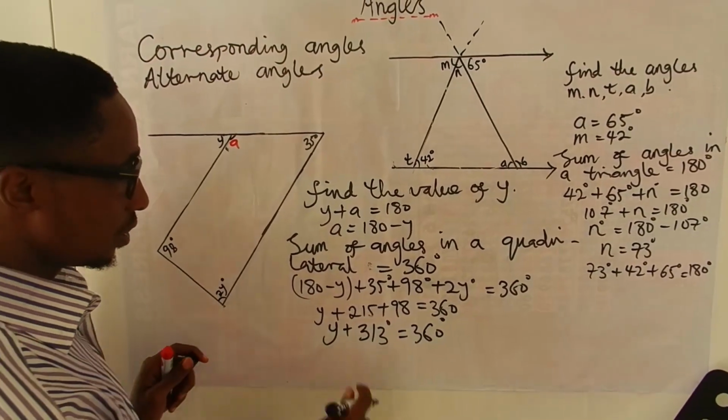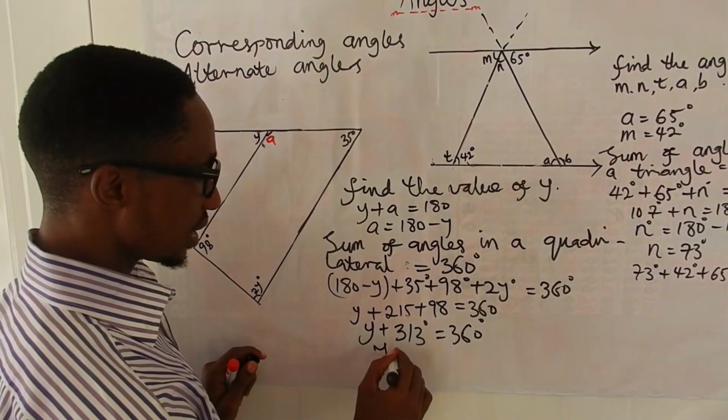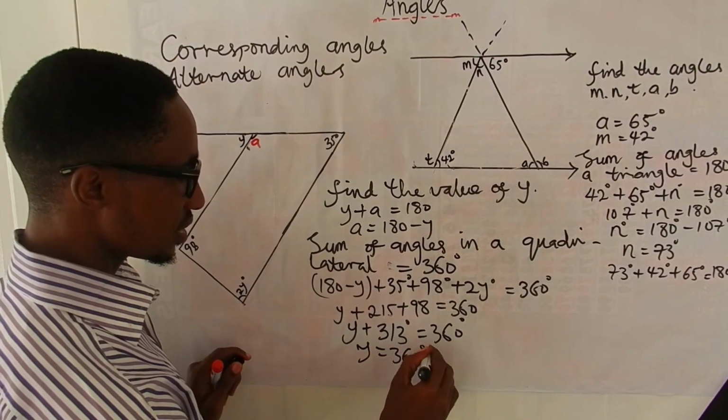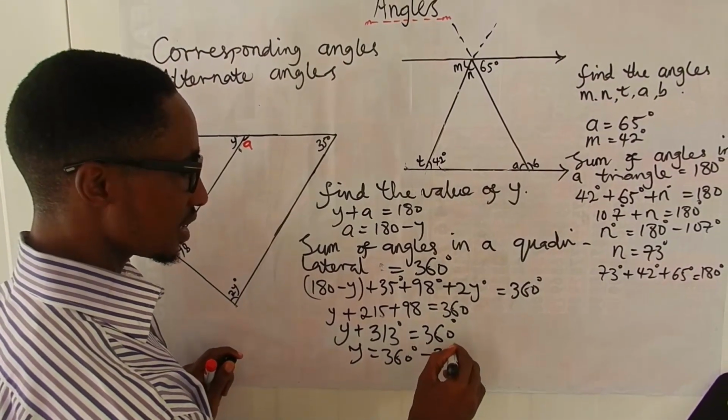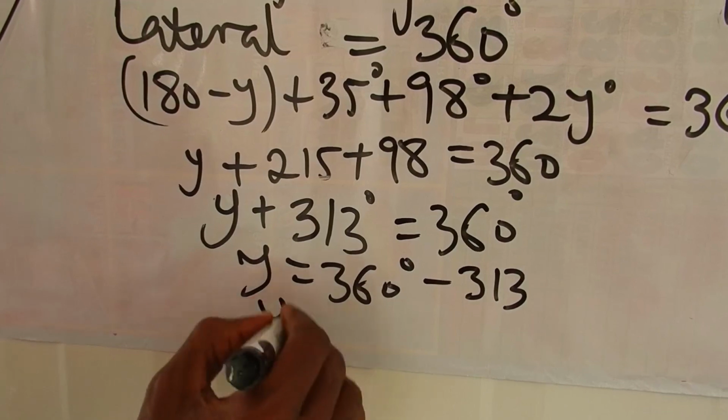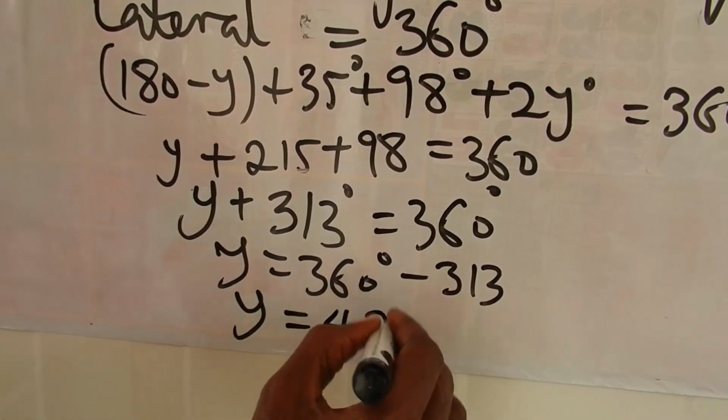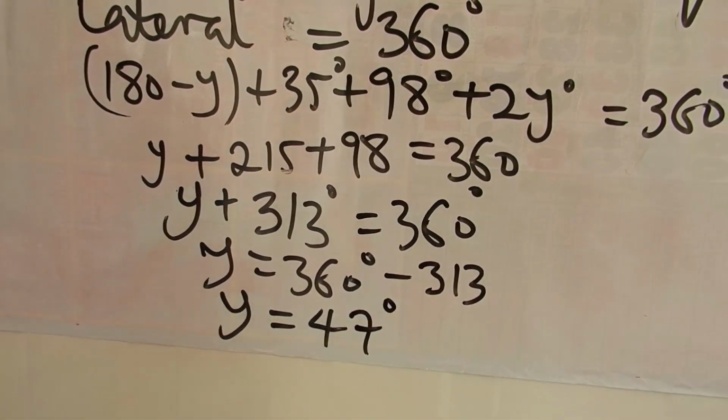Okay? So I take this over to the side. Y equals 360 degrees minus 313. So we have the value of y as 47 degrees.